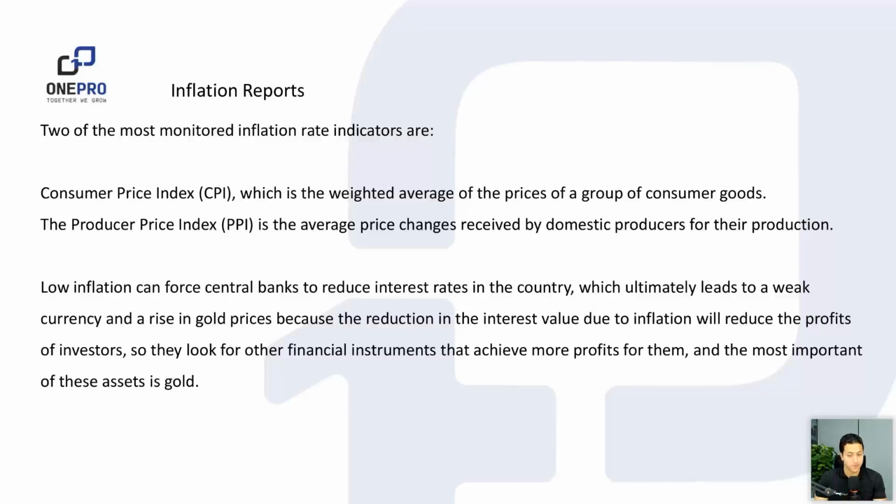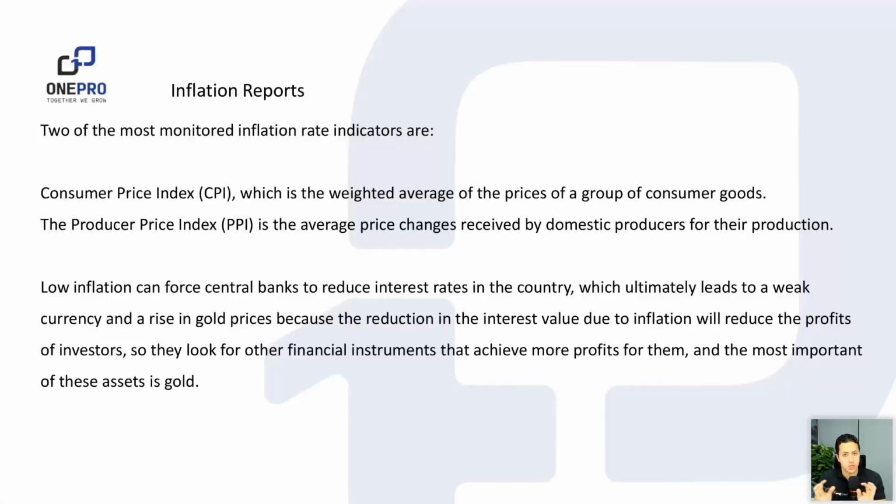Another way of calculating how inflation works is looking at the same thing from the producer side of things, not the consumer price index, but the producer price index. And we don't really want to go into more details.